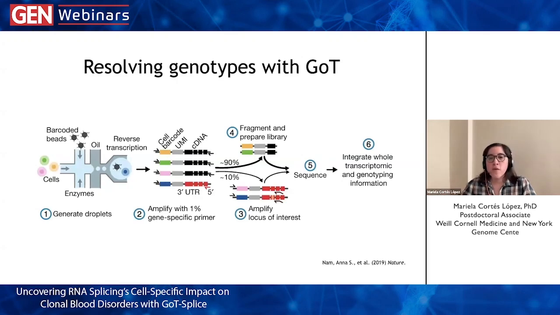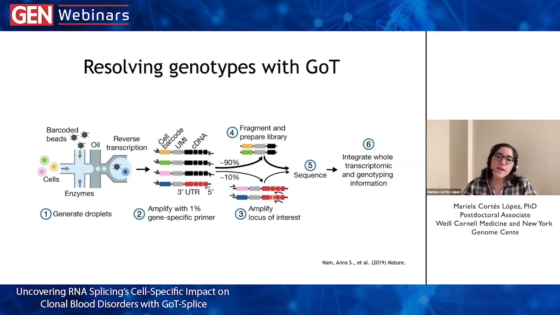And so then we can capture this mutation in higher numbers. And because we have these cell barcodes, we can go back and see if this particular mutation was present in a specific cell or not. And this is combined with the original library, and everything can be integrated. So this was a very cool advance.